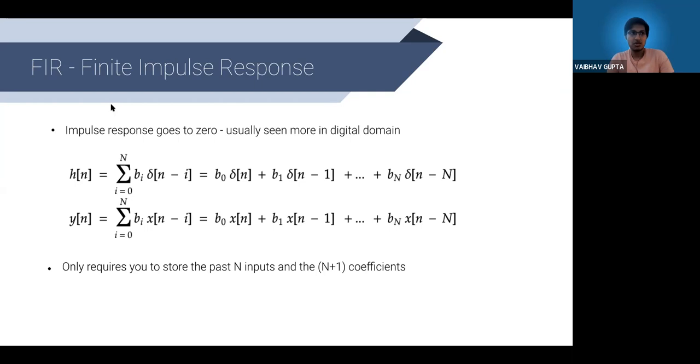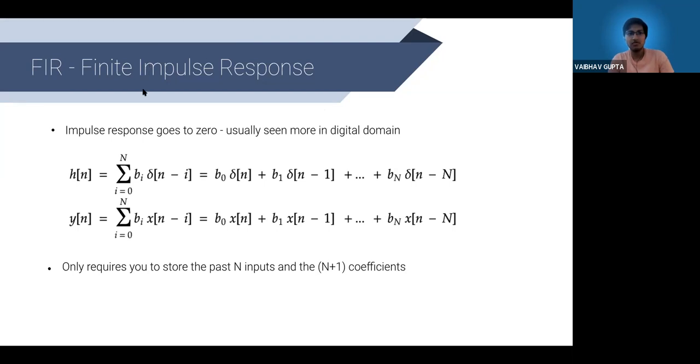This means that when you compare it to the naive implementation of an IIR filter, you're only required to store the past n inputs and then the n+1 coefficients, the quote unquote DC coefficient, well, not really, your time zero coefficient and your other delta coefficients.